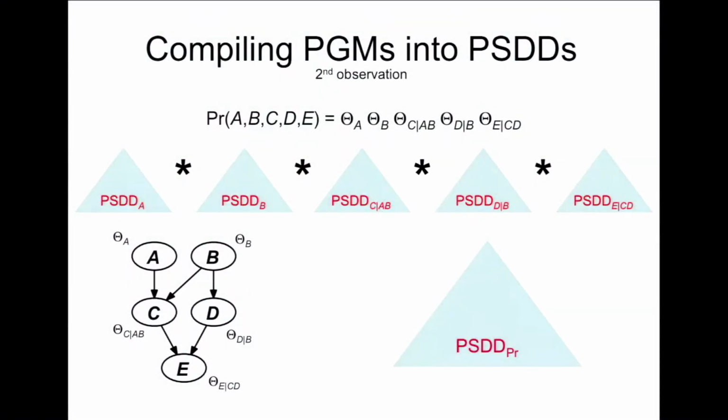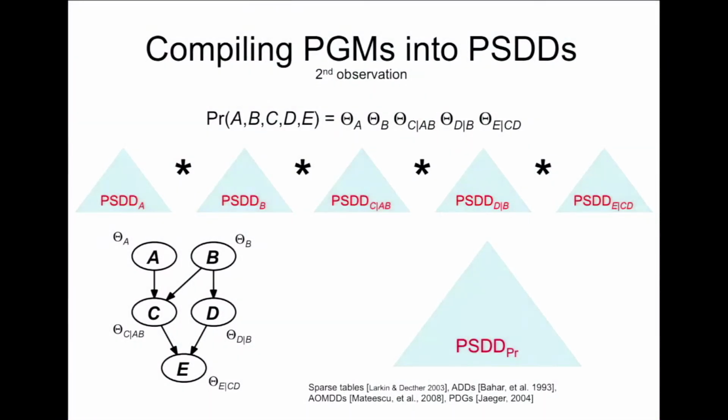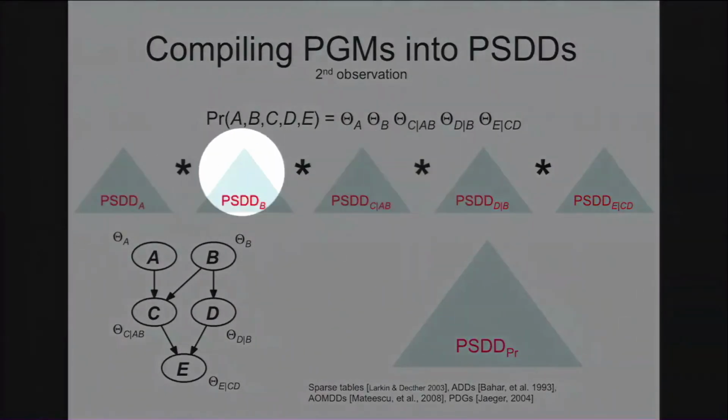This is an old game in probabilistic inference, and people have proposed many different ways to represent these particular factors. Here's some examples from the past. So now we're doing PSDDs for that. But now where's the caveat in all of this? To play this game, you have to be able to multiply.